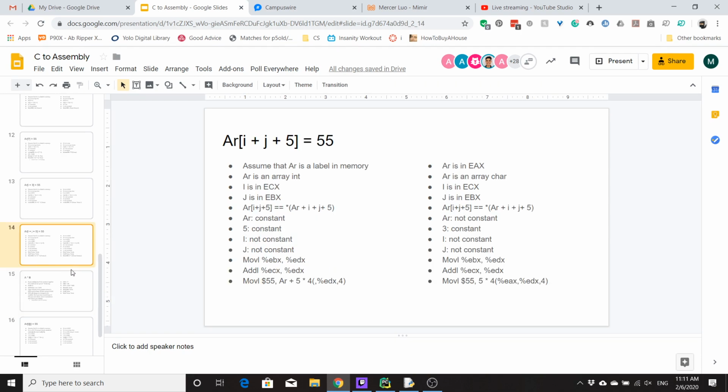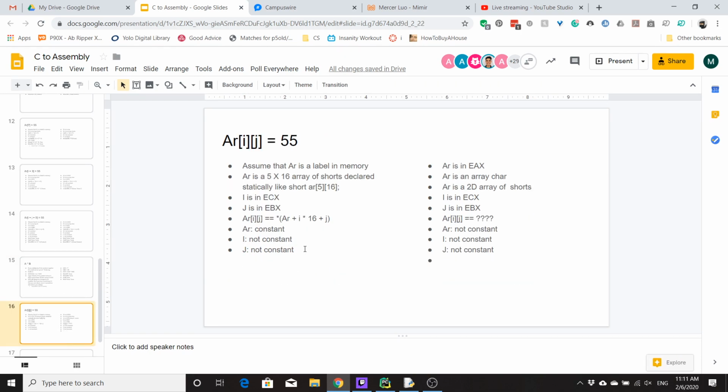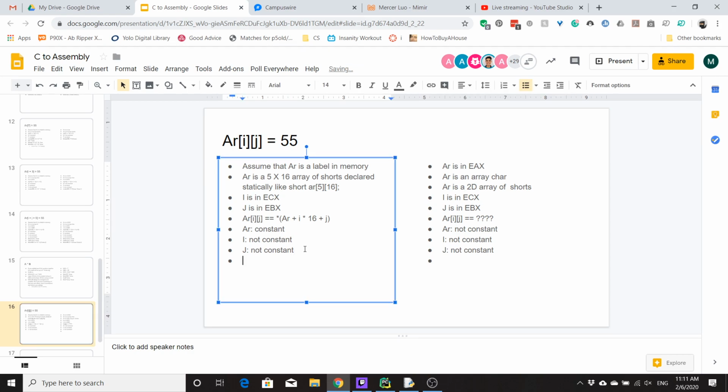So fantastic. We know how to multiply now. So what does this look like? Sure, we can do an imul, but by what? We're going to get something into EAX first though, right? Move $16 into EAX.